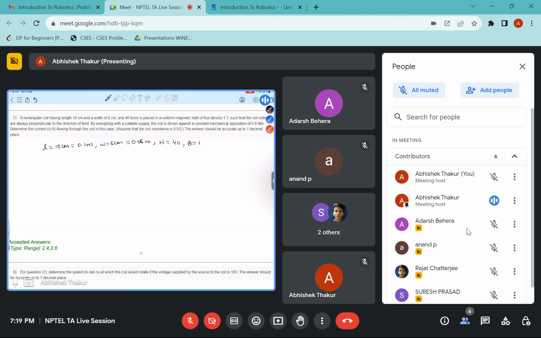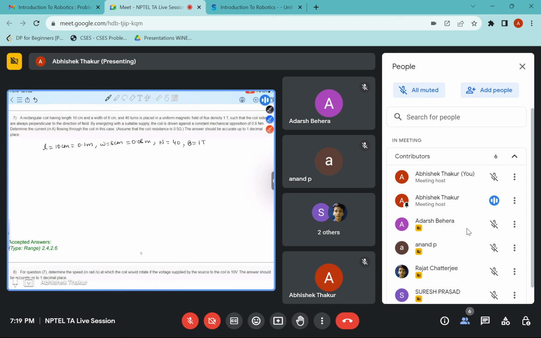So B is also given as 1. Such that the coil sides are always perpendicular to the direction of field. So it is perpendicular, so theta will be 90 degrees, so sine theta will be 1.